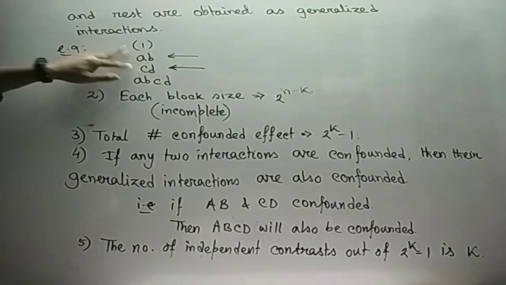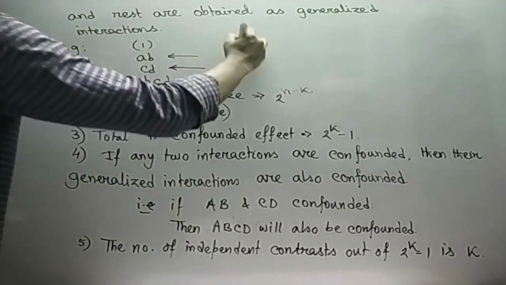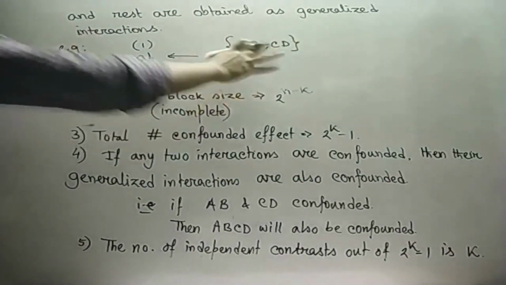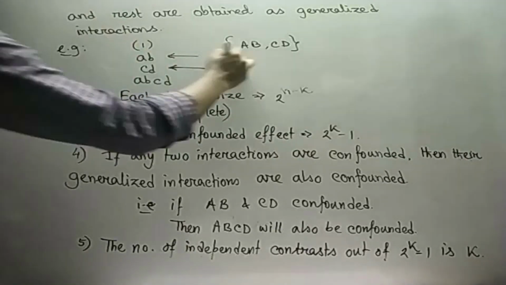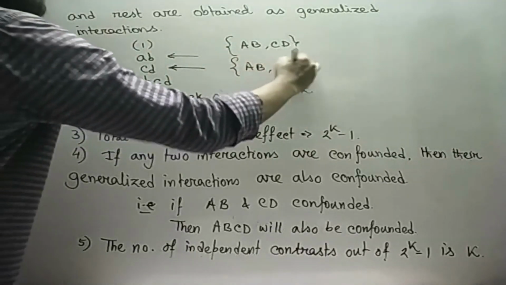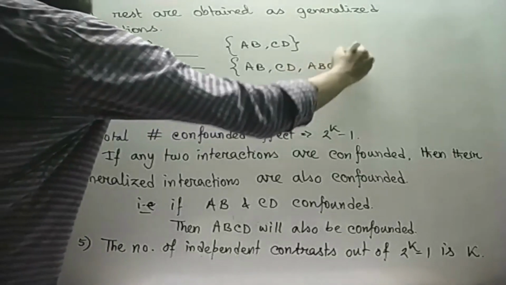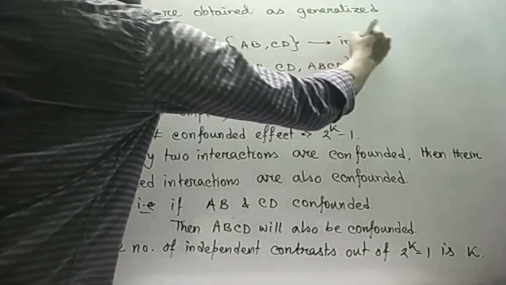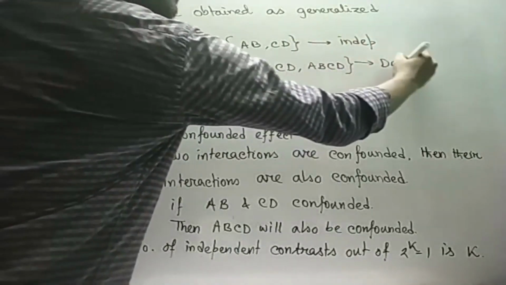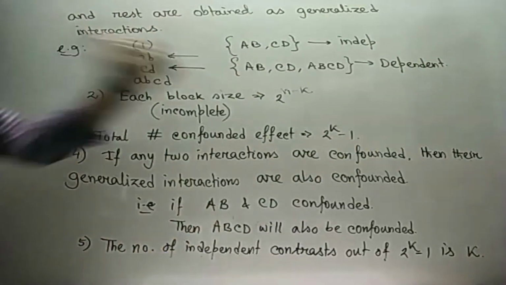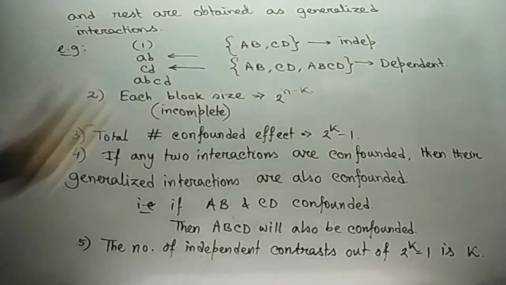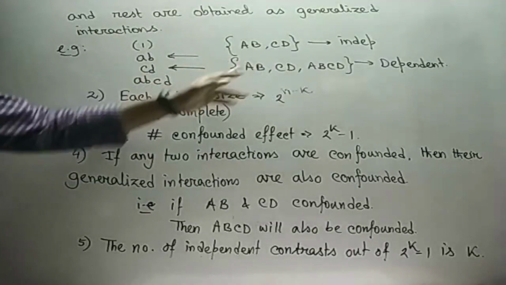This set, AB and CD, is independent, but this set, AB, CD and ABCD, is dependent. Why? As ABCD is constructed from AB into CD, or AB interacted with CD. So this is called the generalized interaction.